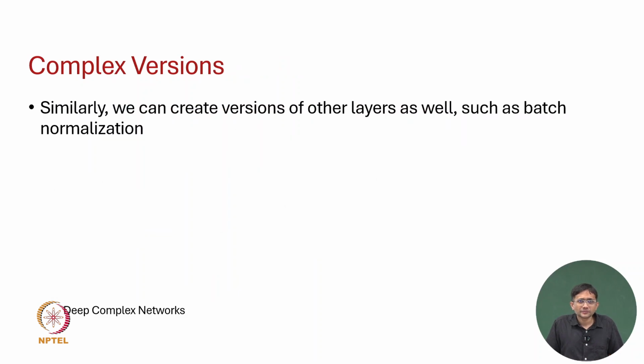Now, I will not go on discussing several other layers, but you can create versions of the other layers as well, such as batch normalization. Just like in the case of our usual CNN, we do weight initialization. You can do a similar thing in the case of deep complex networks as well.